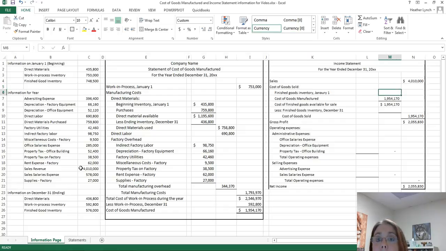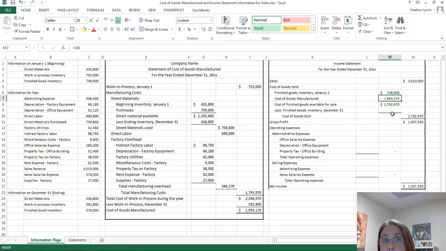So we have our finished goods inventory January 1st. Over here I started with work in process January 1st. Now I need to know, what was my finished goods January 1st? Well, that was $748,500.